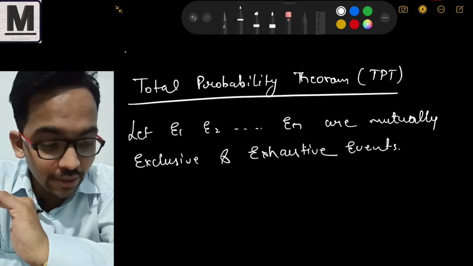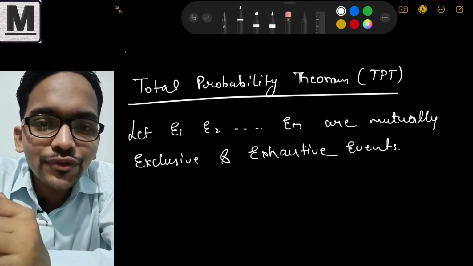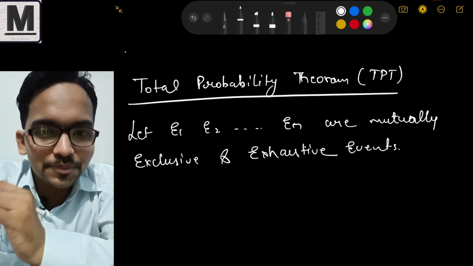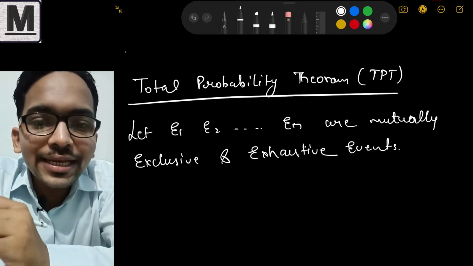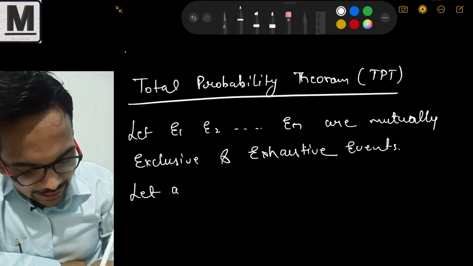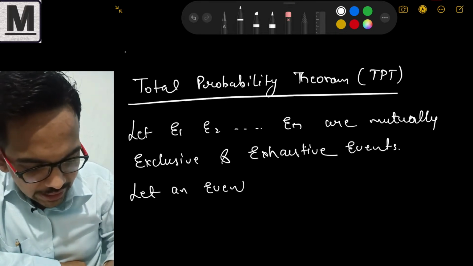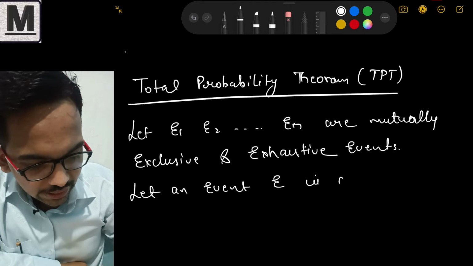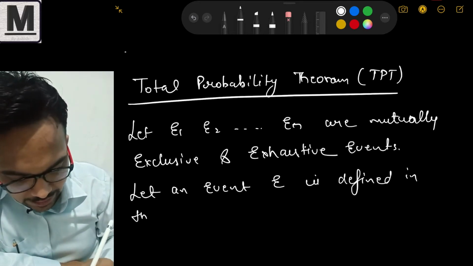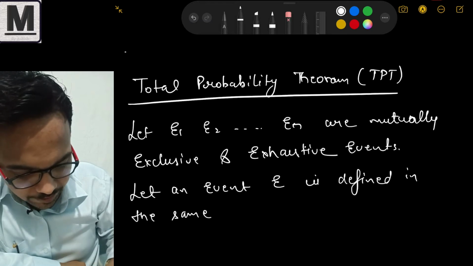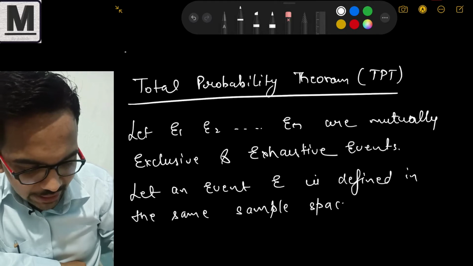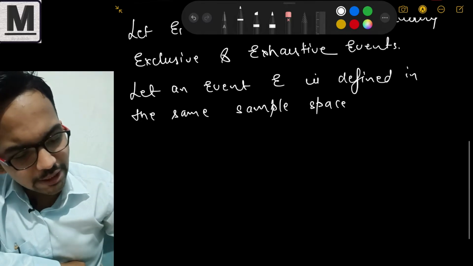Exhaustive means they cover the entire sample space, or the entire domain. Let an event E be defined in the same sample space.